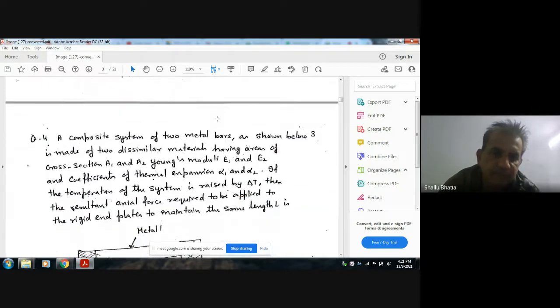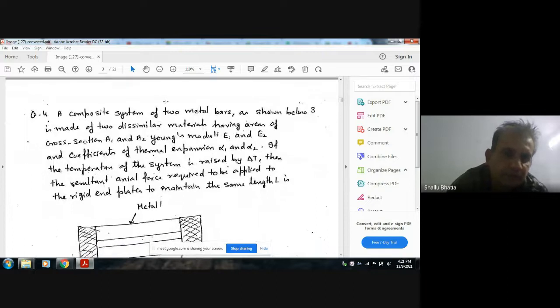Next, a composite system of two metal bars, as shown below, is made of two dissimilar metals having area of cross-section A1 and A2, Young's moduli E1 and E2, and coefficients of thermal expansion alpha 1 and alpha 2.